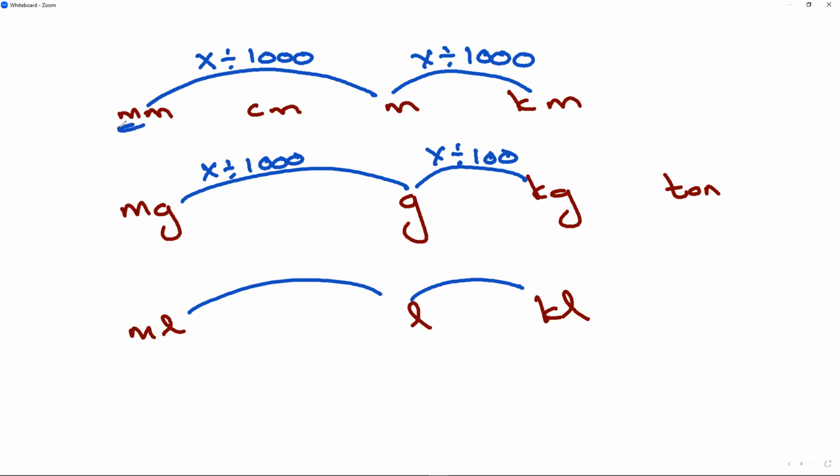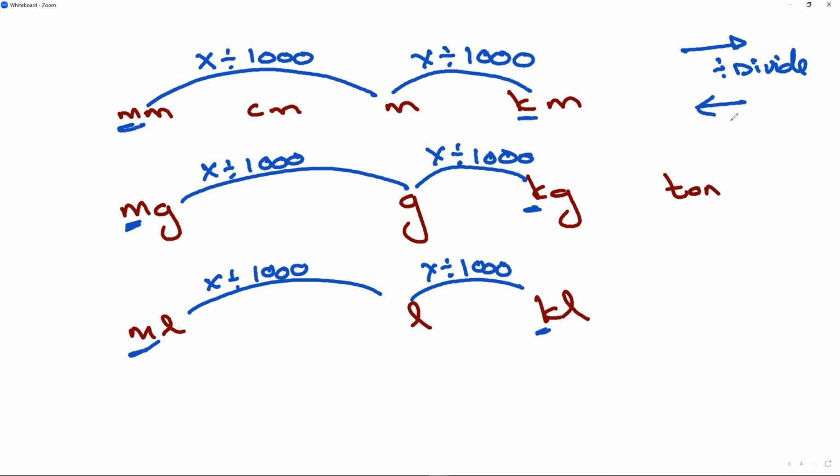What you notice about milligrams, millimeters, milliliters, kilometers, kilograms, kiloliters is they all have some kind of 1,000 multiplied or divided. Let's just remember that when we're going right, we divide. When we're going left, we multiply. So we know which one is which.